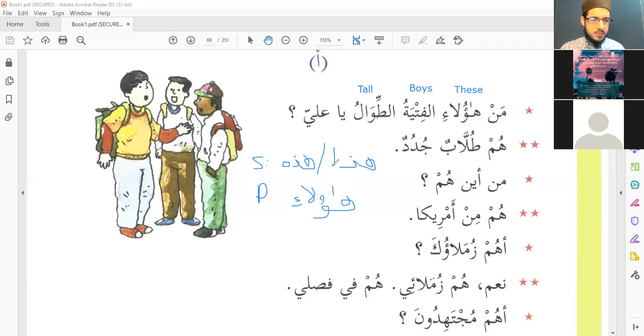Very good. Next point. Al-fityatu. Oh, that's our first plural that they gave us. So we learned that the singular was al-fata. The plural of al-fata is al-fityatu.